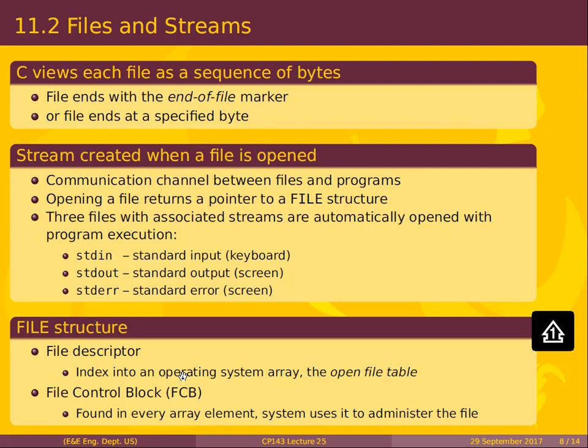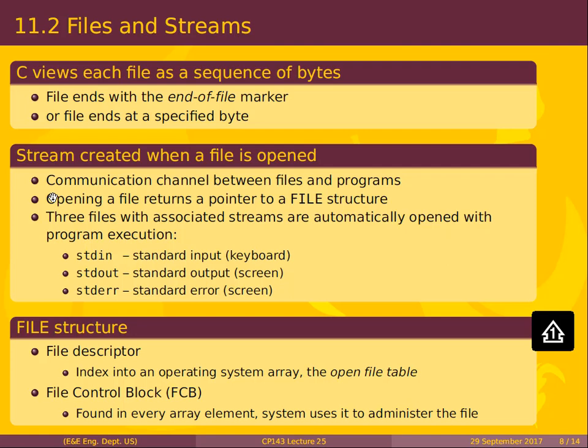There is also a very nice diagram in the book. Let me just find where it is, and I can give you a reference. It's figure 11.4 in the textbook. So maybe if you want to make a note, have a look at that. It tells you what happens when you open the file with a pointer. It returns a pointer to this file structure, and this pointer is essentially an index into what we call an open file table.